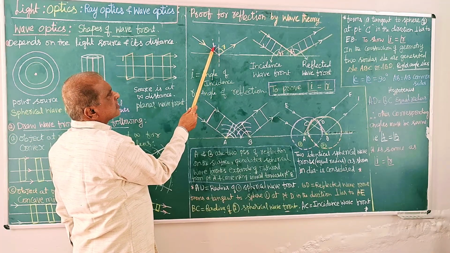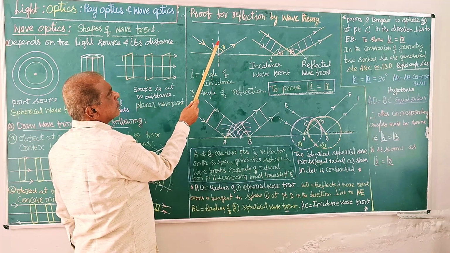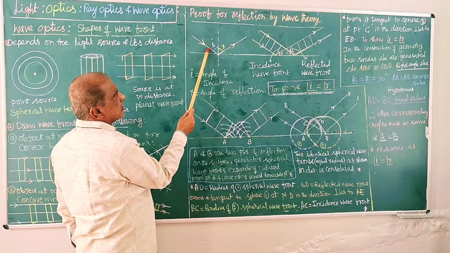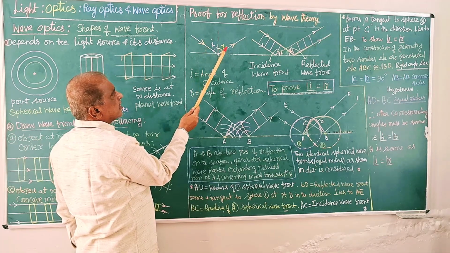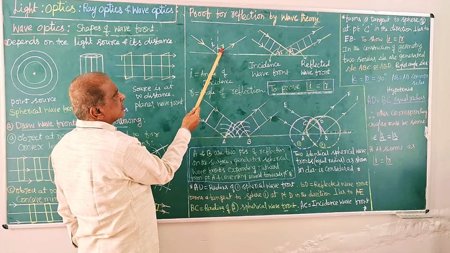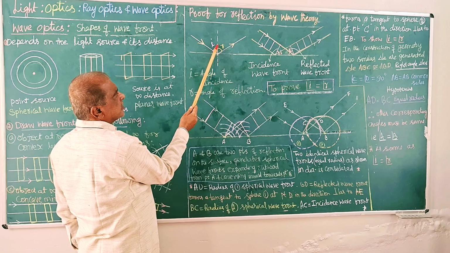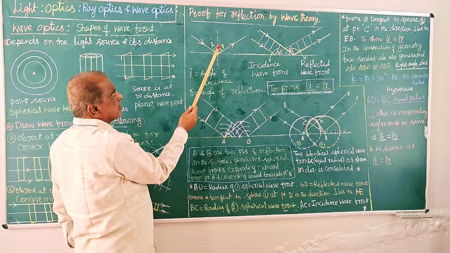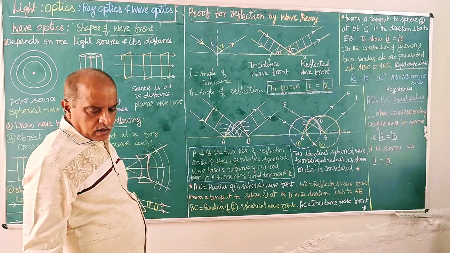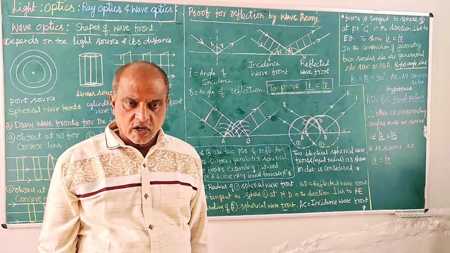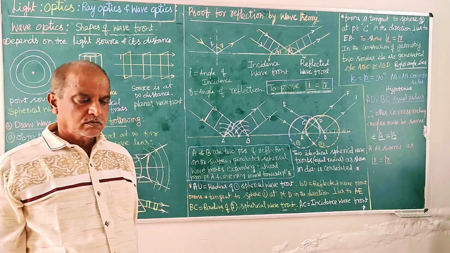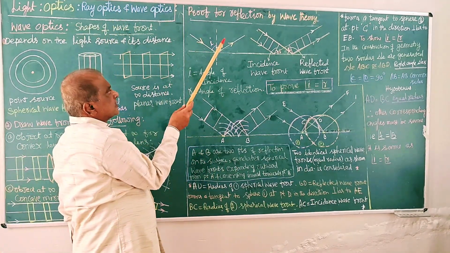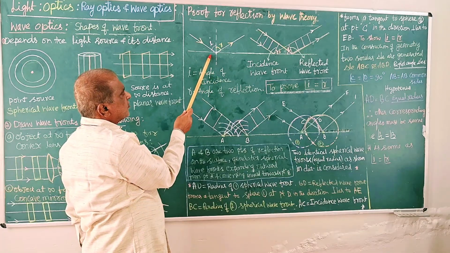This angle is called the angle of incidence: the angle between this normal line and the incident ray. And this is called the angle of reflection, the angle between the reflected ray and the normal. According to the law of reflection, i equals r. Angle of incidence equals angle of reflection.